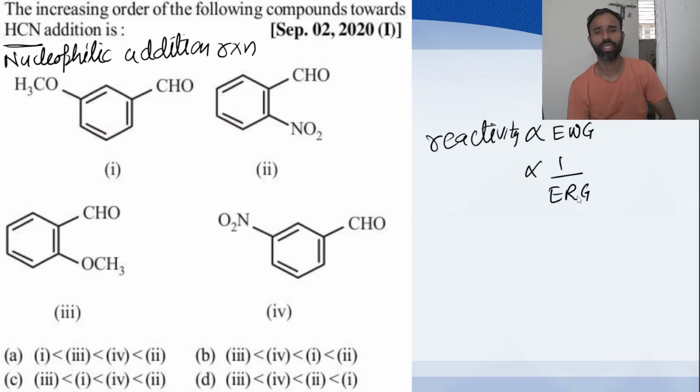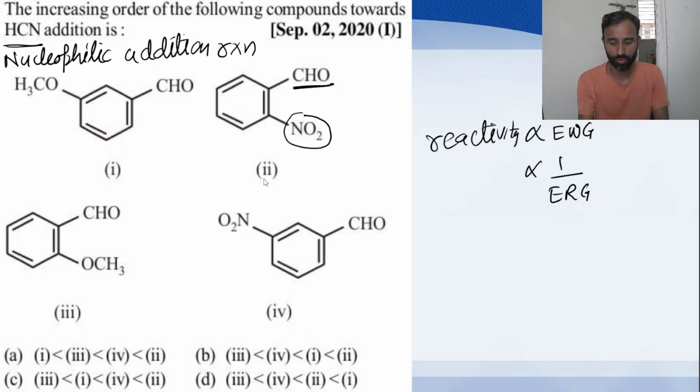Electron withdrawing groups increase the reactivity and releasing groups decrease the reactivity. So see, the addition of HCN takes place at CHO.